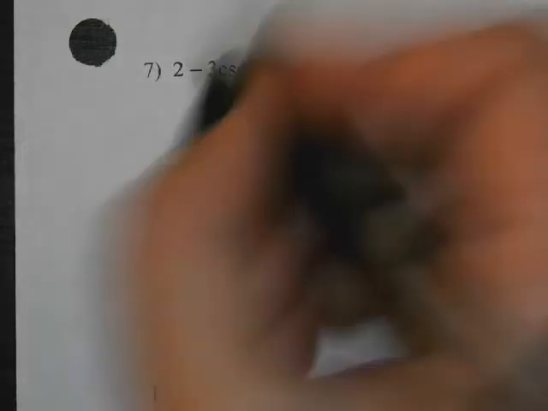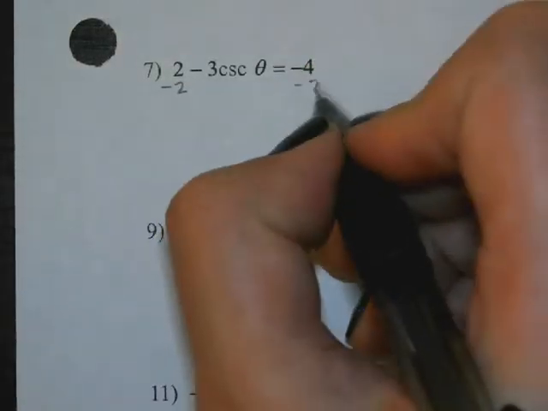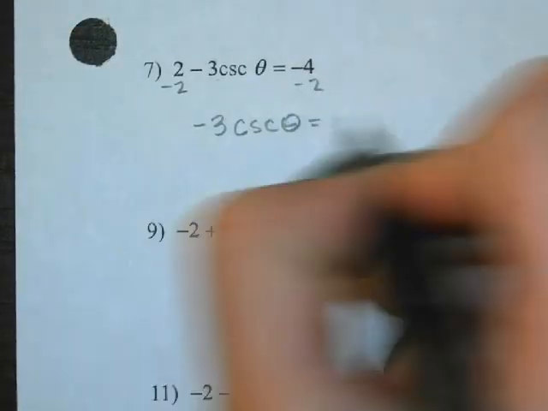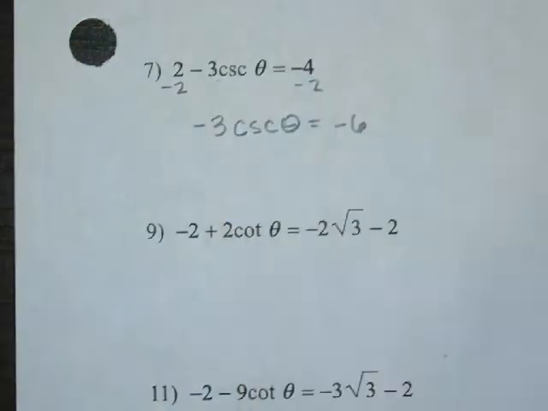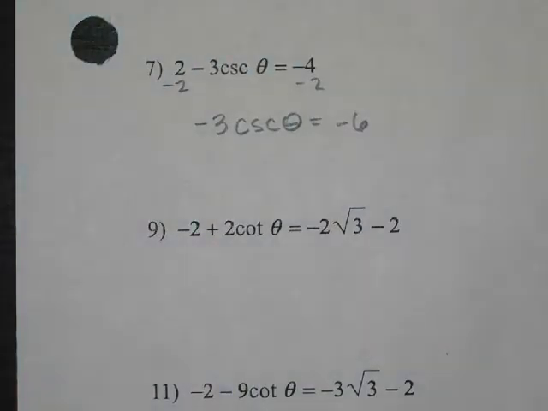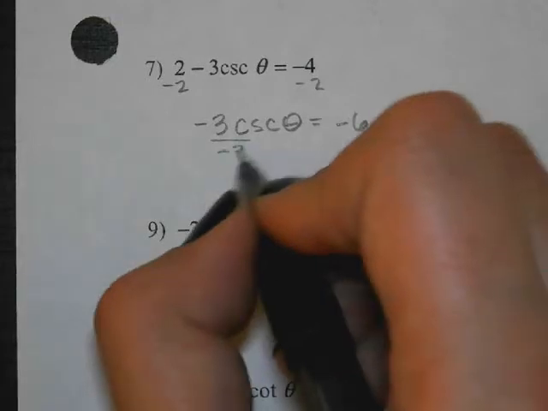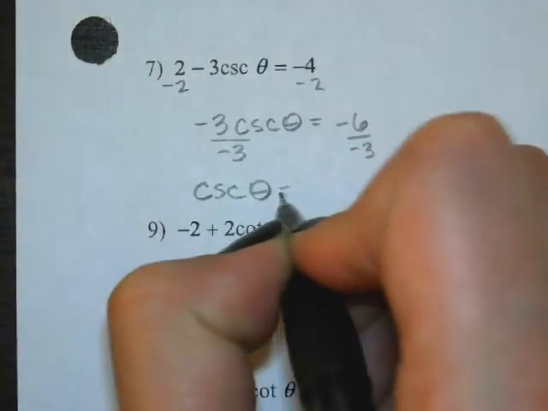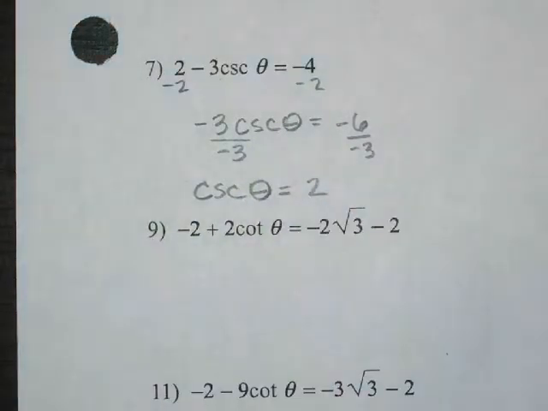Subtract the 2. Okay. Then what should I do? Cosecant theta is 2.